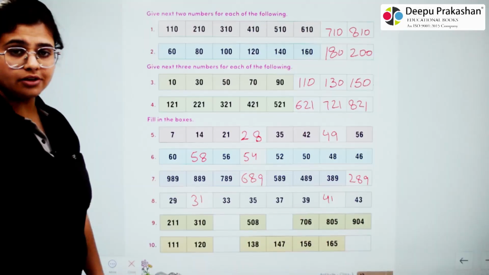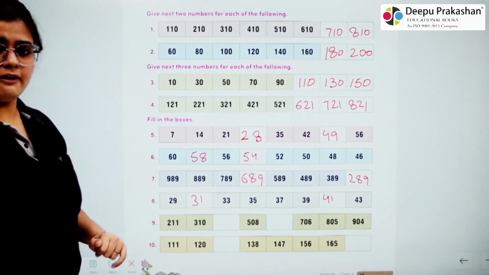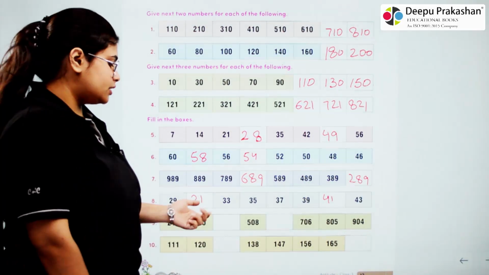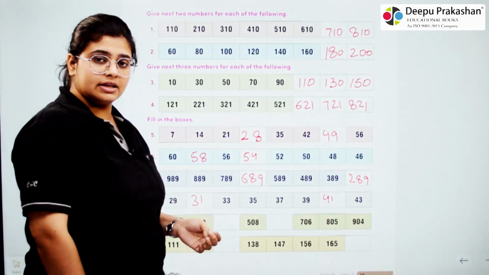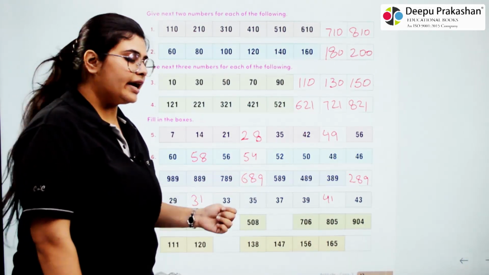Ninth, we are given 211, 310, dash, 508, dash, 706, 805 and 904.